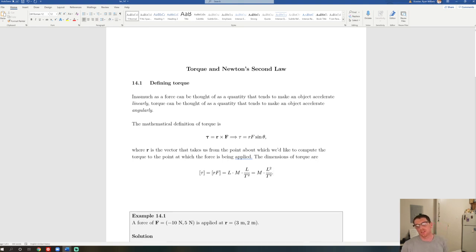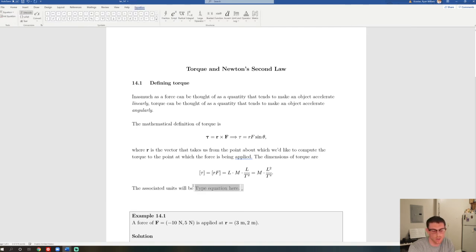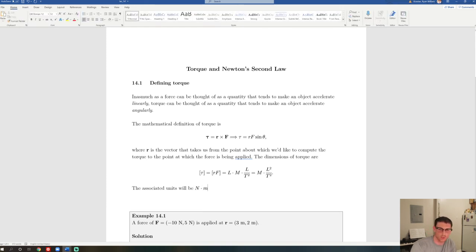Well, let's think about the units of this. The associated units will be Newton meters, because we have a force times a length. And this is not the same Newton meters that we associate with work.